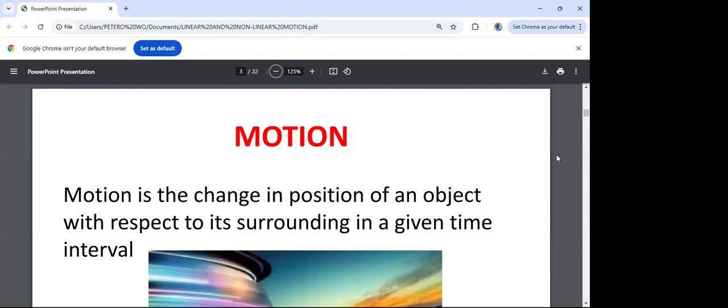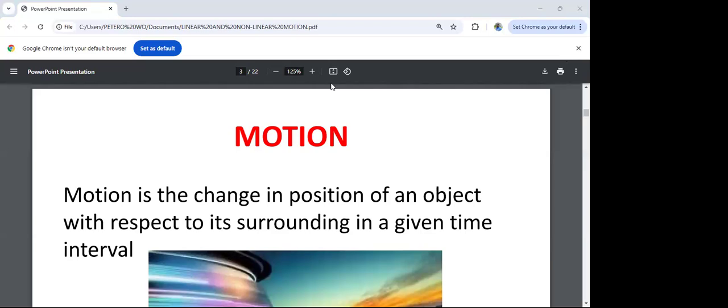Who is reading for us? Yes, Irina. Motion is the change in position of an object with respect to its surrounding in a given time interval.